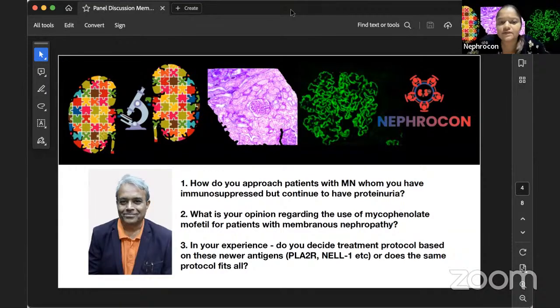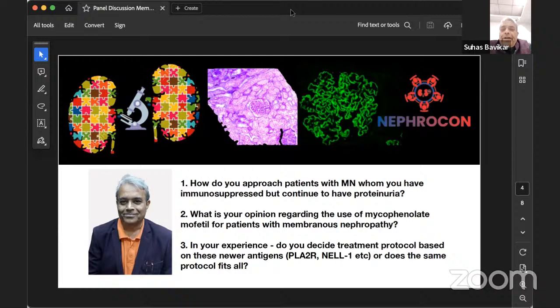Right. Sir, in your experience, do you decide the treatment protocol based on newer antigens like what Alok Sharma sir said, or will you apply modified Ponticelli or rituximab for all the cases irrespective of the antigen? I really wonder what's the point in fixing the antigen when so many antigens are responsible for generating antibodies.